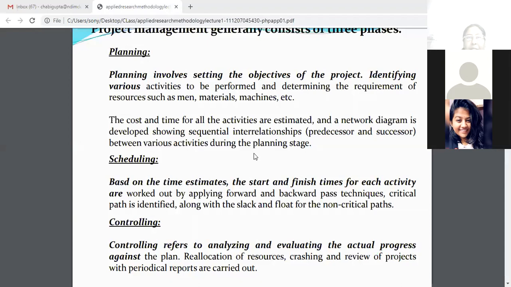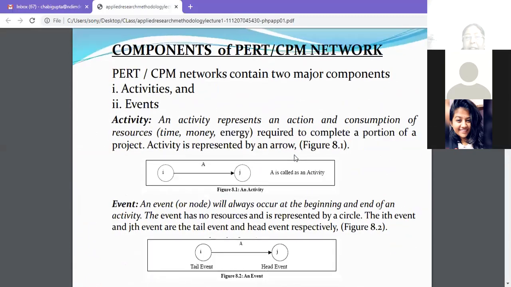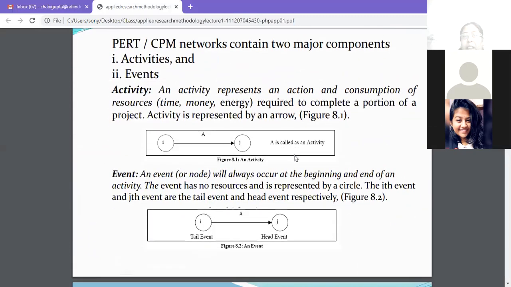Yes, ma'am. Planning involves setting the objectives of the project. Okay, so in network techniques, we have activities and events. Quickly, let me reiterate; wherever you feel you've not understood, just let me know.